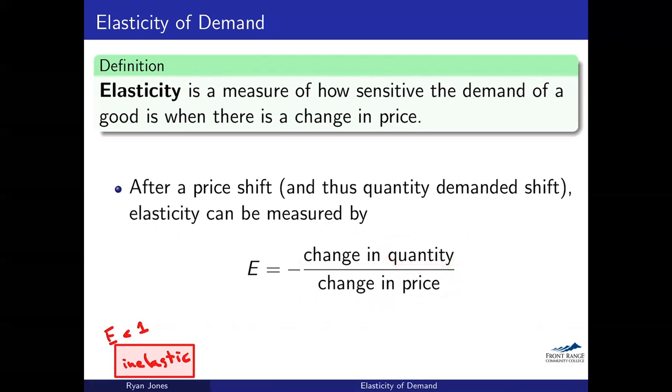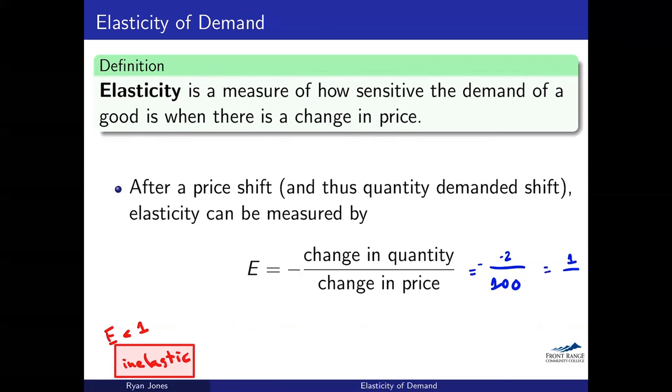Let's say our change in price was like 100 and our change in quantity, so you increase the price of this good by 100, well, if the quantity only changes by 2, so 2 fewer are purchased. Maybe gallons of milk. If you change the price of a gallon of milk by $100 and only 2 fewer are sold, that's not a very big change, right?